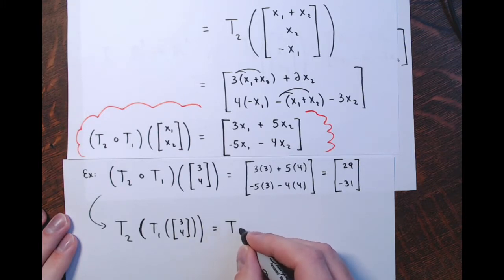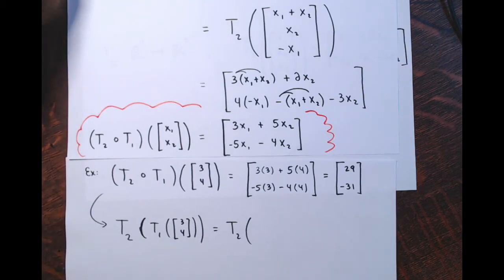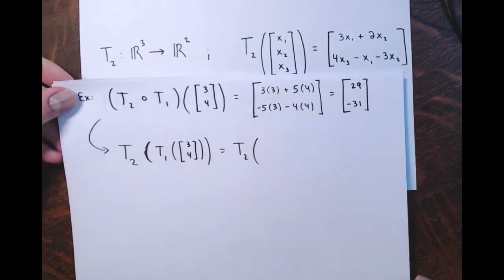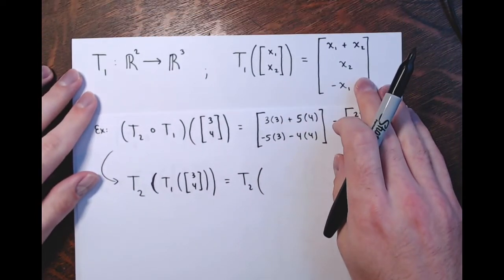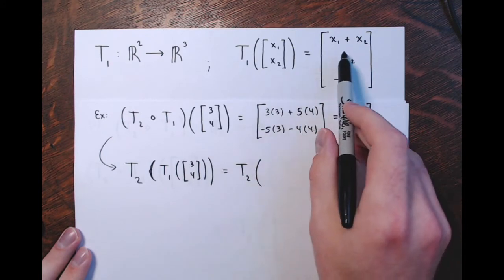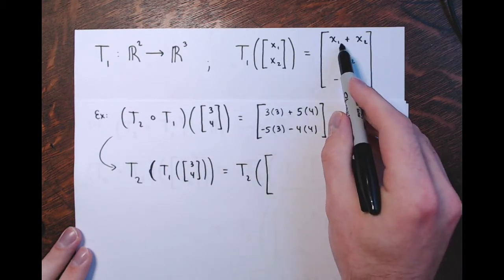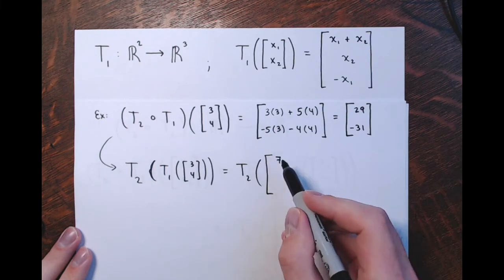So this would be T2 of, now when I plug 3, 4 back into the transformation T1, there was T1. When I plug 3, 4 into T1, the first output component is 3 plus 4, 7.